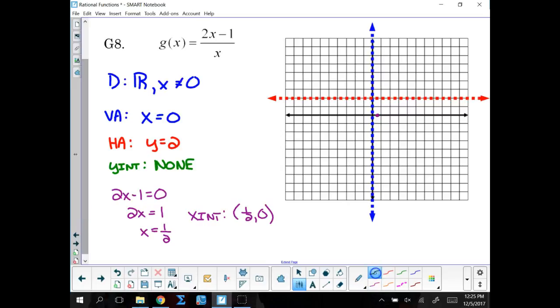Find some more points. 10. 20 minus 1 is 19. Over 10 is 1.9. Negative 2 minus 1 is negative 3. Divided by negative 1 is positive 3.